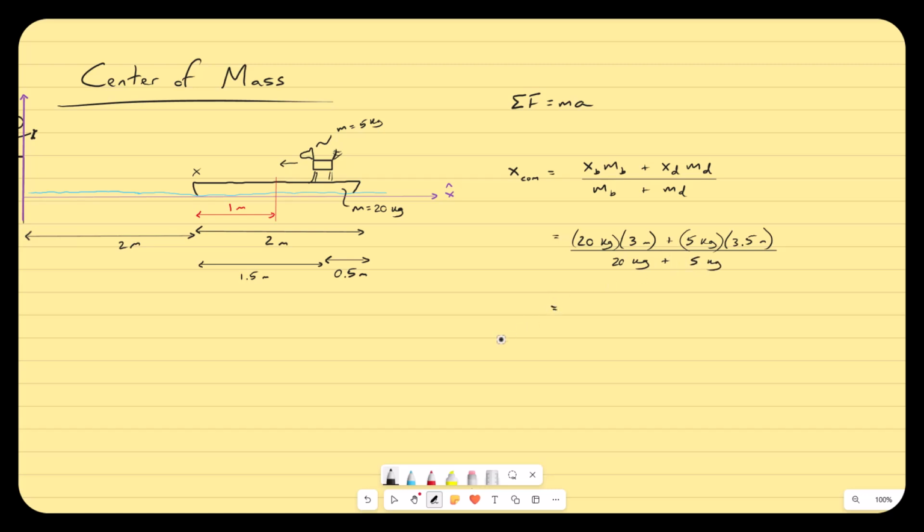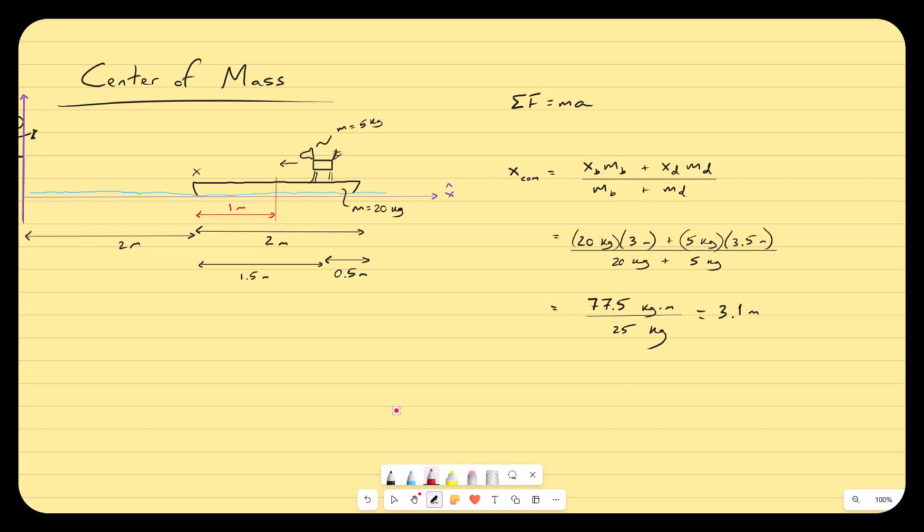Let's do that math. 20 times 3, that's 60. 5 times 3.5, that's 17.5. 60 and 17.5 makes 77.5 kilogram meters on top, dividing by 25 kilograms, and that's a little bit easier. That's just 3.1 meters.